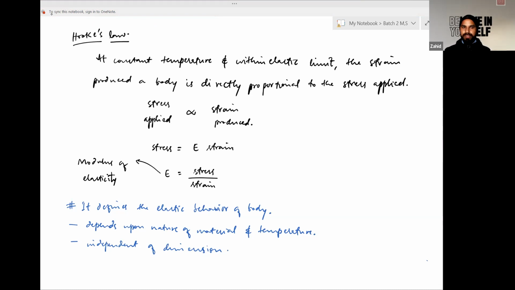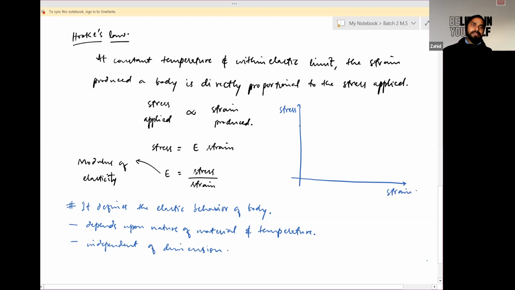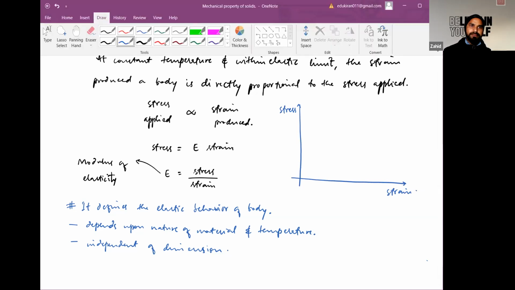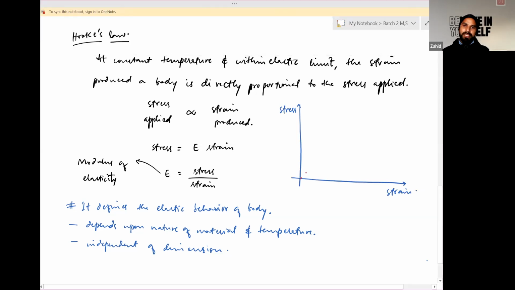Now, since stress applied is directly proportional to strain produced, due to this proportionality, you may define a curve or graph of stress versus strain. Since these two are proportional to each other, the graph will be a straight line like this, which is inclined at some angle theta with respect to the x-axis.